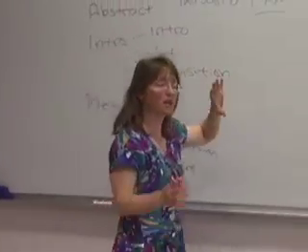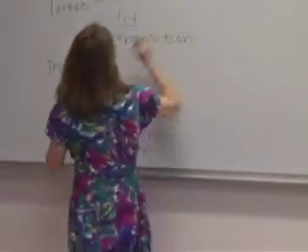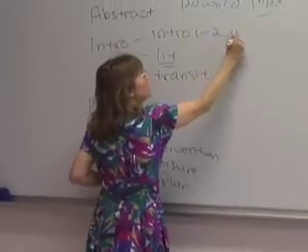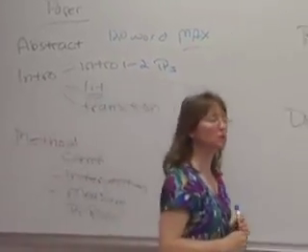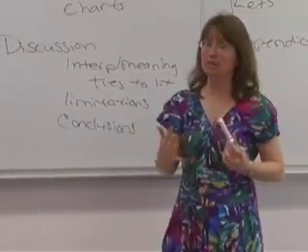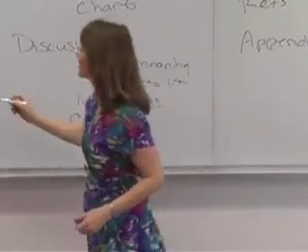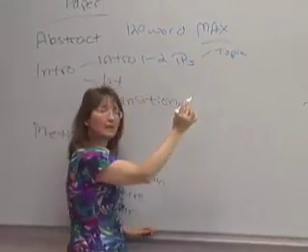Start the paper with an introduction, which is usually about 1 to 2 paragraphs in length. In your introduction, what I would like to see you include, and to get full credit, what you need to include, is what is my topic?